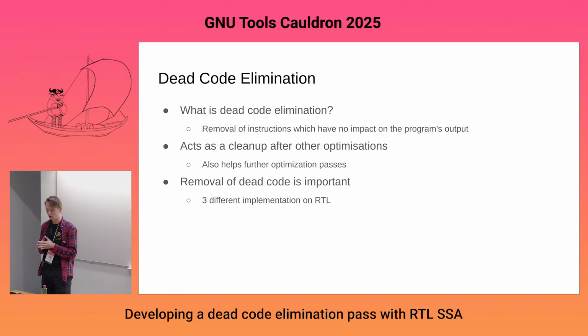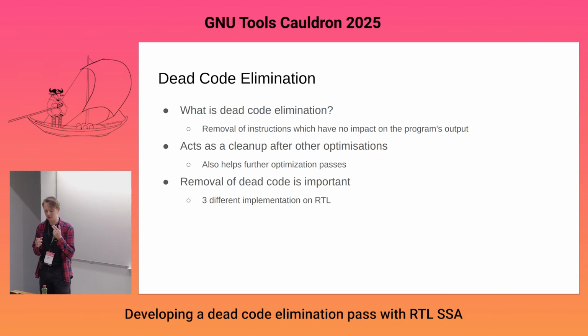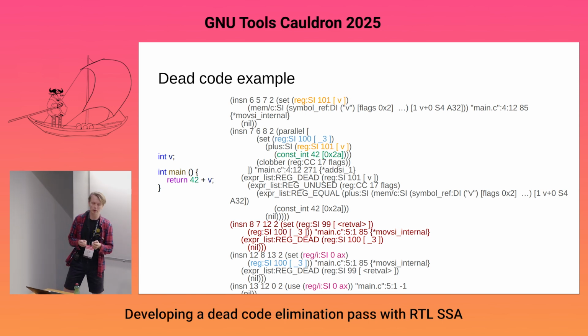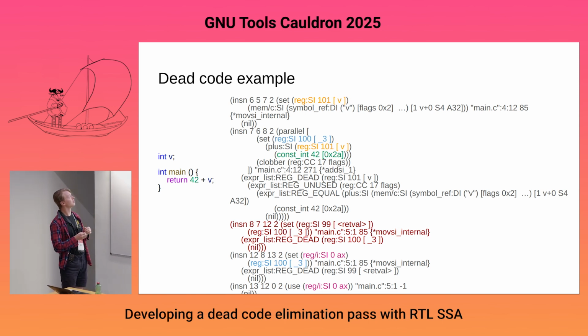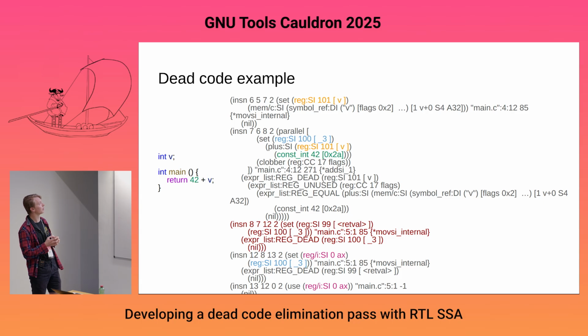The removal of these instructions is very important, and that's why we have 3 different dead code eliminations on RTL. This is an example of the RTL language, and instruction 8, which is highlighted in red, is dead because its result is never used after it is computed.